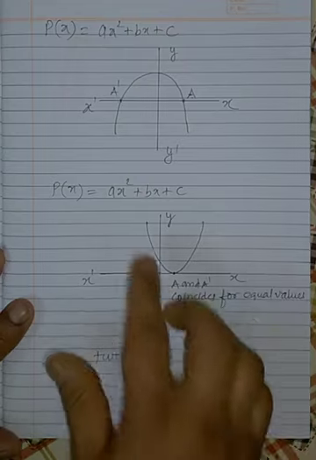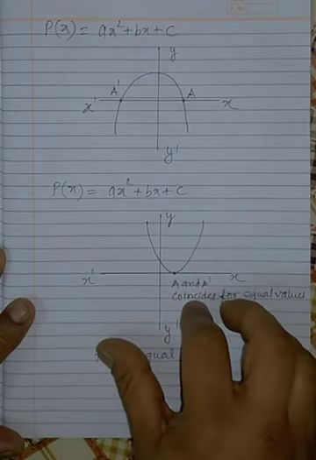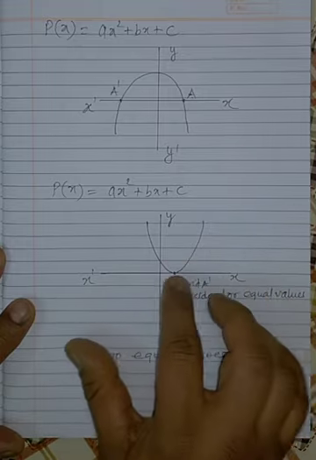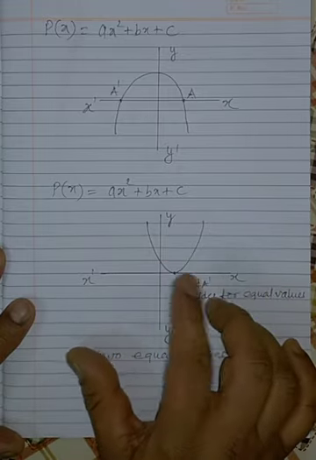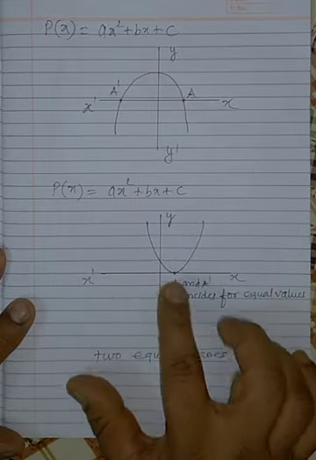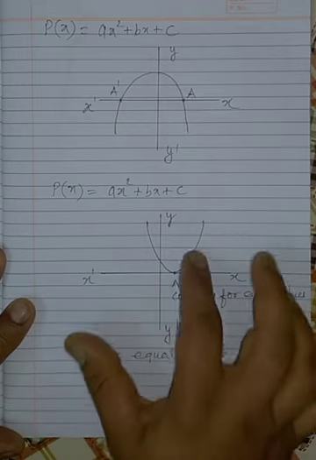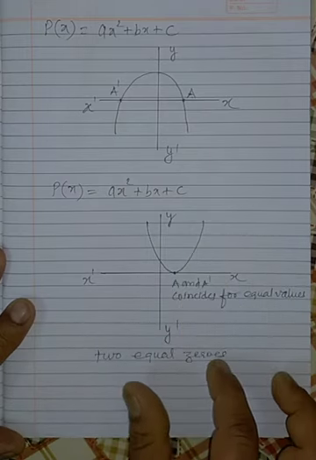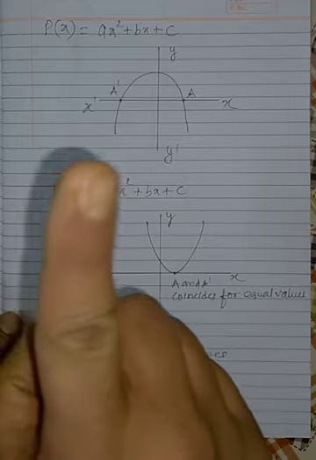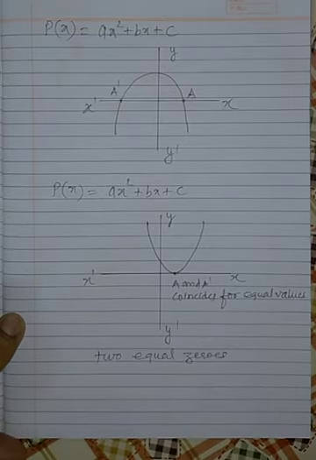And in the third one, whether the parabola is opening upward or opening downward, if it is touching the x-axis at only one point, this is the point where A and A dash both coincide to give the equal zeros, equal values. That means in such conditions we have two equal zeros that we count as 1.